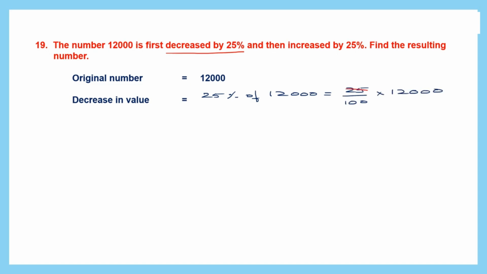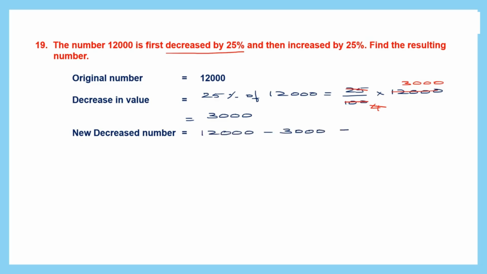Now here I can cancel this, and I can cancel this and 12,000. So this becomes 3,000. So the decrease in value is 3,000. So we have found the decrease in value. Now, which is the new decreased number? That is 12,000, which is the original number, minus 3,000 will give us the new decreased number, and that will be 9,000. The new decreased number is 9,000.